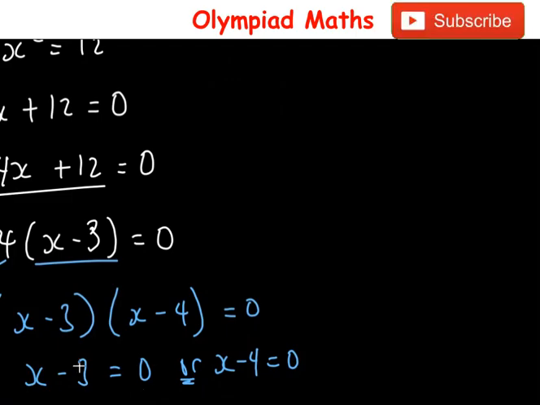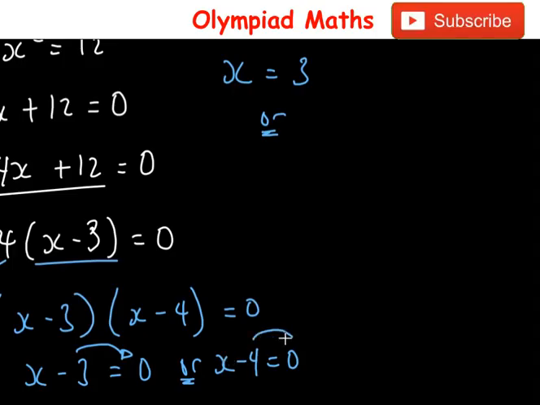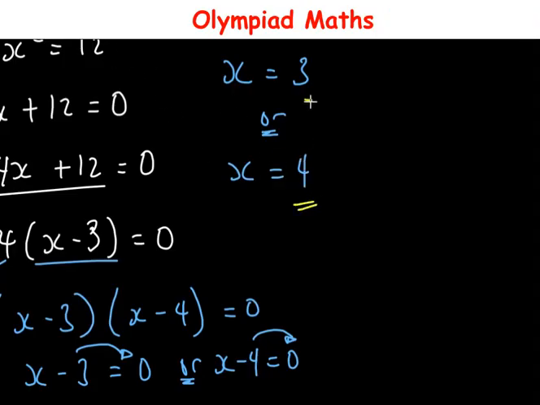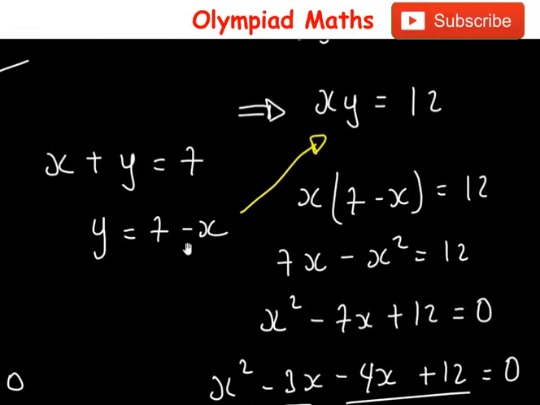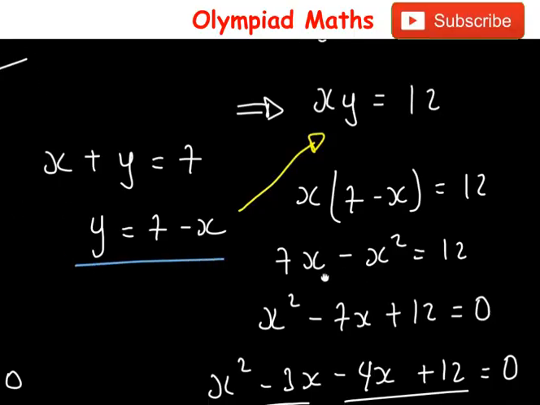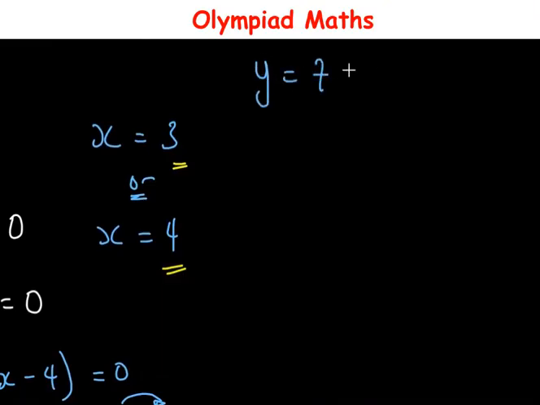From here, if you bring minus 3 over to this side, we have the value of x to equal plus 3, or from this, bring minus 4 to this side, the value of x is equal to 4. So we have the values of x, okay? So for the value of y, recall that y is equal to 7 minus x.